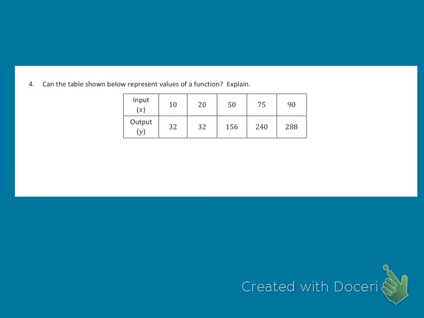All right, so look at the next exercise 4. What we have here is we're asked if this table could represent a function. So we look across the inputs and we notice that none of the inputs are repeated.